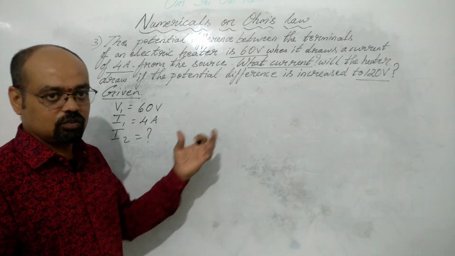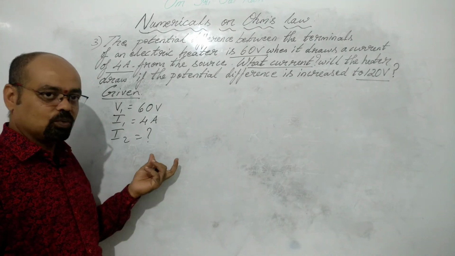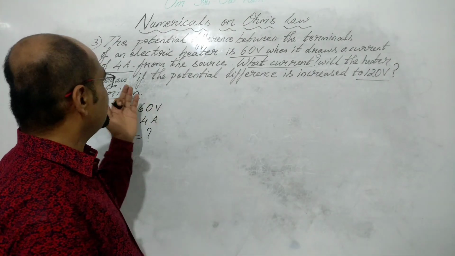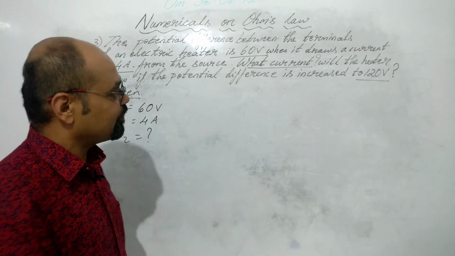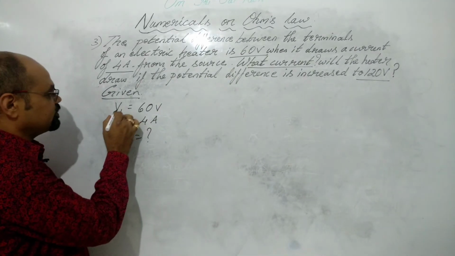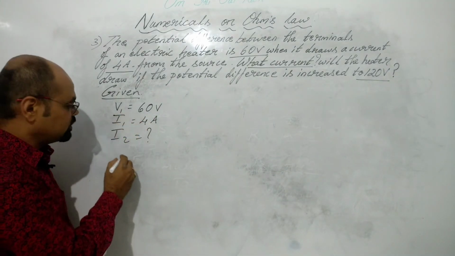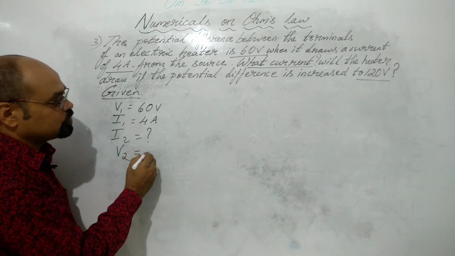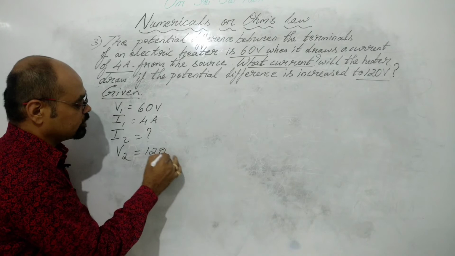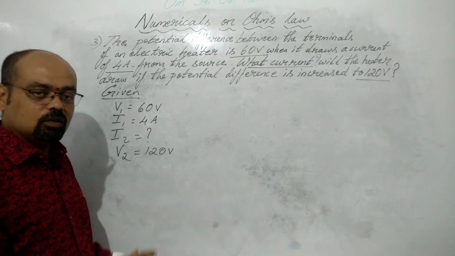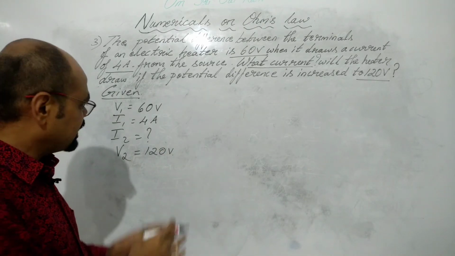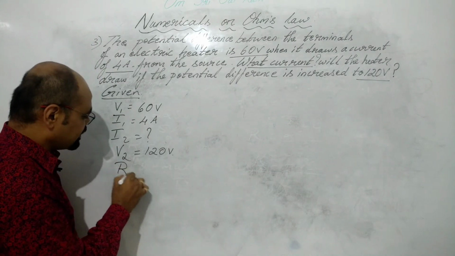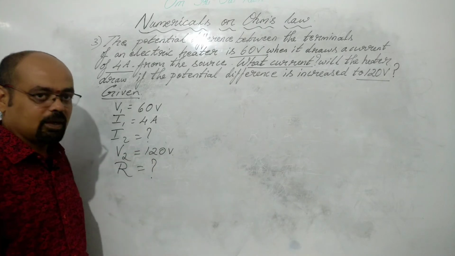The other potential difference, V2, is equal to 120 volts. Something is missing in Ohm's law, that is nothing but resistance. Resistance is not there, so let's write R is equal to question mark.